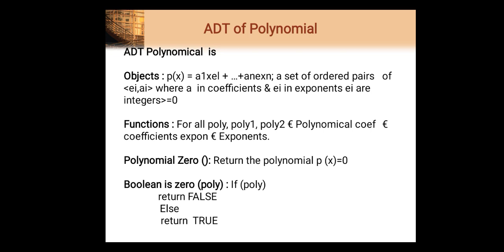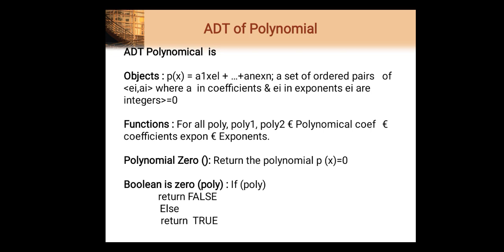In the objects part we are giving the description about the polynomial, which is a set of ordered pairs of exponent and coefficient values. So in the object section we are giving the description or definition of the polynomial. In the function part we are again giving the shortened name for each and every variable which we are using inside our function.